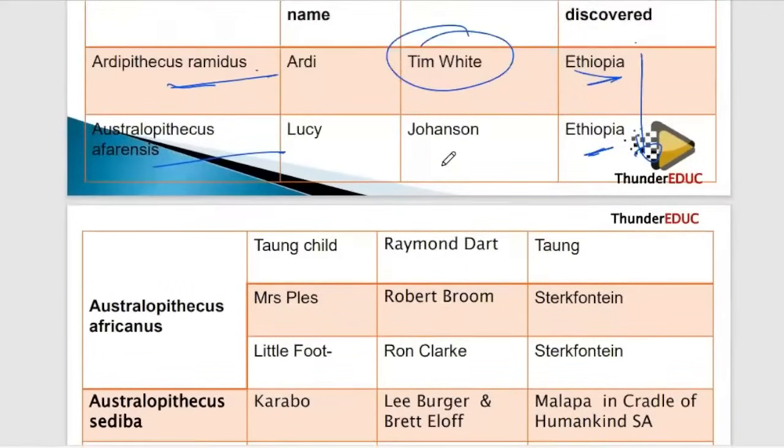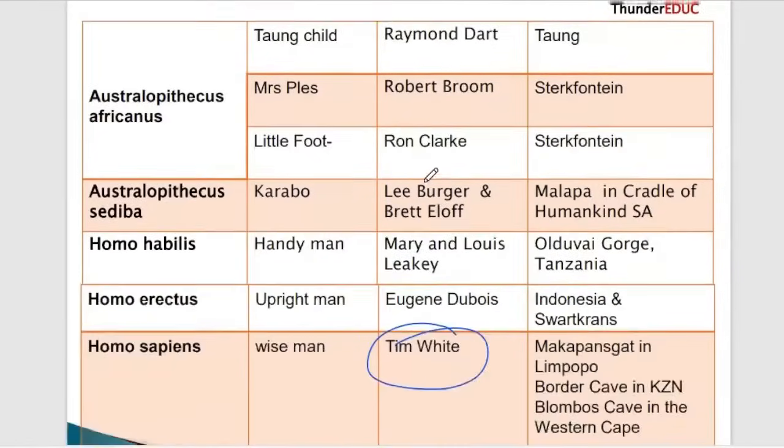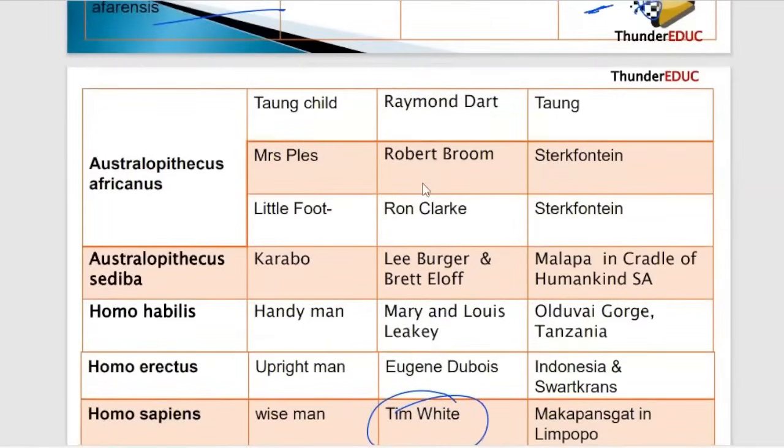Number 2, now you have 3 Australopithecus africanus specimens. All of those who discovered them start with R: Raymond Dart, Robert Broom, and Ron Clark. All of them are starting with R. Is it clear?